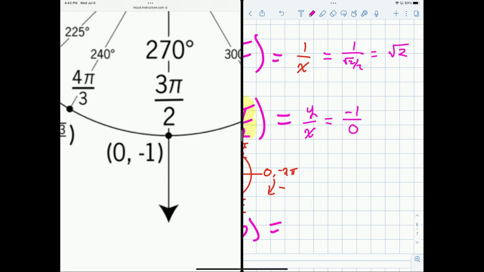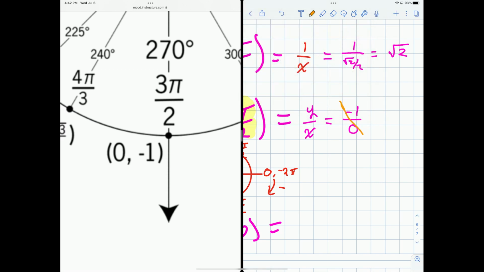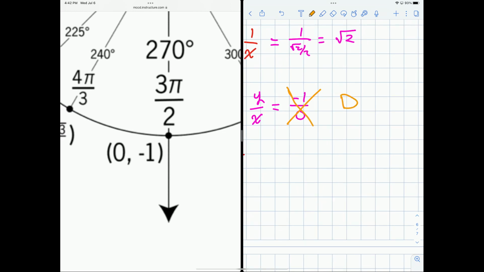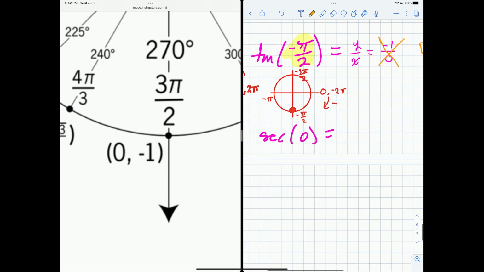So we have a divide by 0, and that's a problem. So when that happens, we just cross that out and say that the value does not exist, okay? D and E does not exist. So we have to answer that way. You're not allowed to divide by 0.